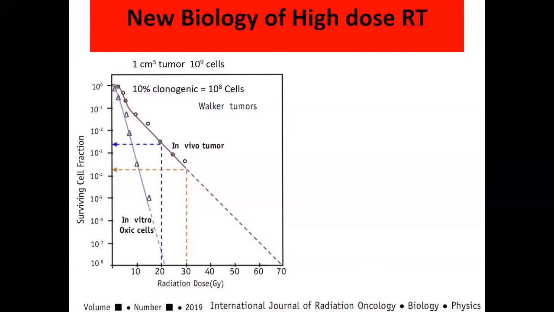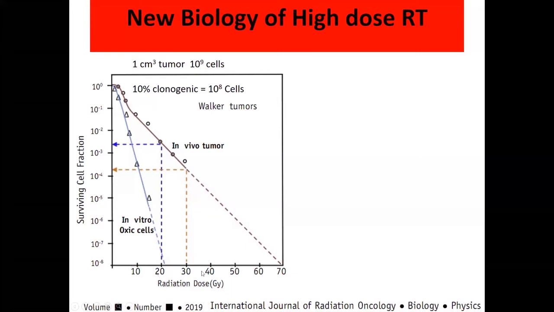How do we reach this conclusion? We reach this conclusion based on certain experiments done on animals. This is one such experiment. Here, a 1 centimeter volume of tumor implanted in mice was treated with a single dose of radiation with increasing dose: 10, 20, 30, 40, 50, 60.